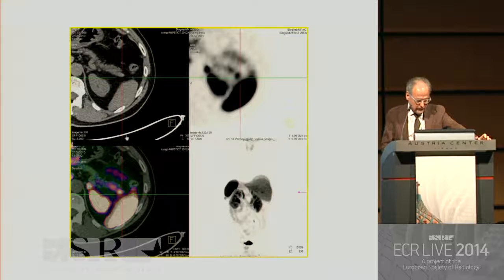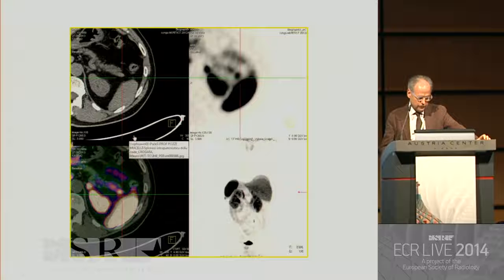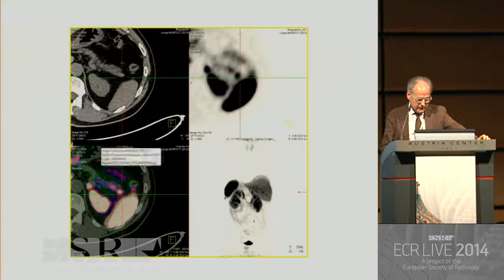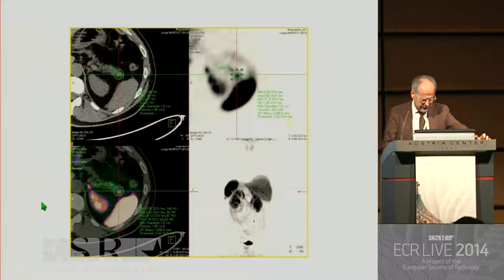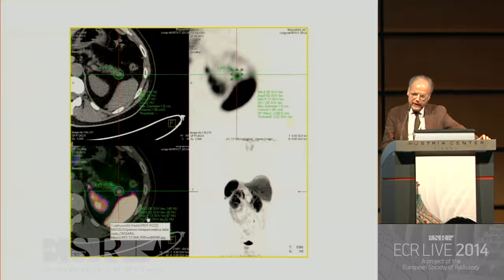For this reason, the patient was moved to perform a gallium PET, and similarly to the previous case, the lesion in the tail of the pancreas showed high intensity at gallium PET with the SUV maximum of 9, which is relatively high.